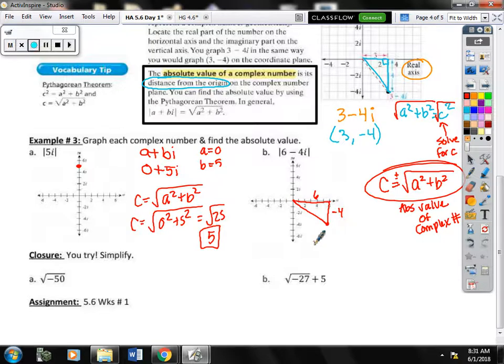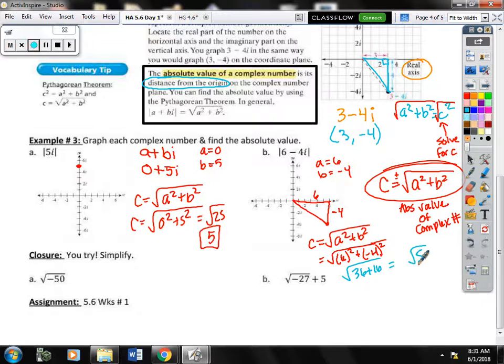The version that we have here just makes it already solved for c. So a would be 6, b would be negative 4. You do not plug in the i, just the b value. So we would get 6 squared plus negative 4 squared. You want to square each of the numbers to get 36 and 16. Add them together to get 52.